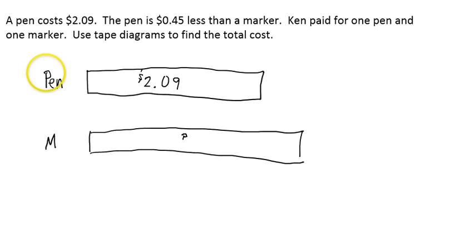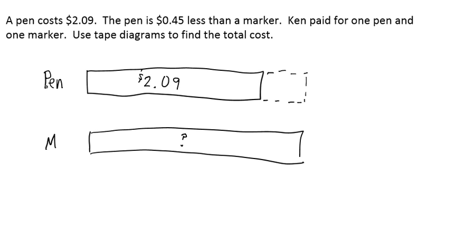Now we don't know how much the marker costs. All we know is the difference between the two prices is 45 cents. So I'm going to show that here's the difference between the cost of the pen and the cost of the marker.